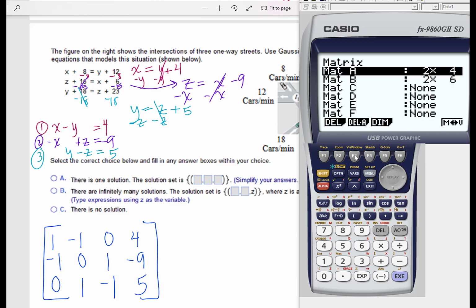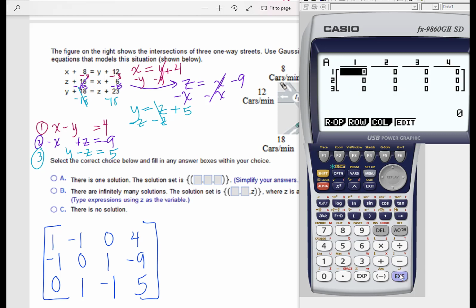F3 for matrix. This is a 3 by 4. All right, check my numbers. 1, negative 1, 0, negative 1, 0, 1, 0, 1, negative 1, 4, negative 9, and 5.